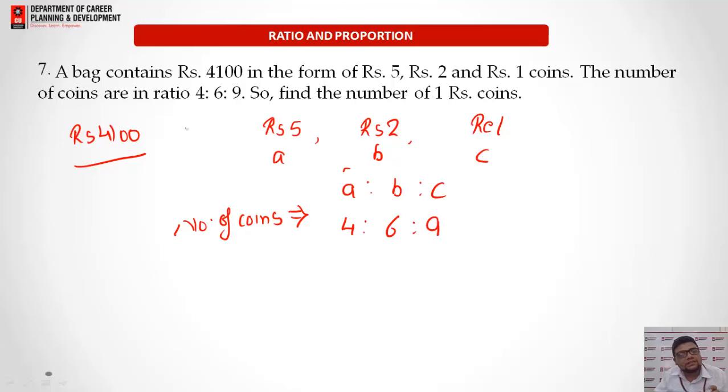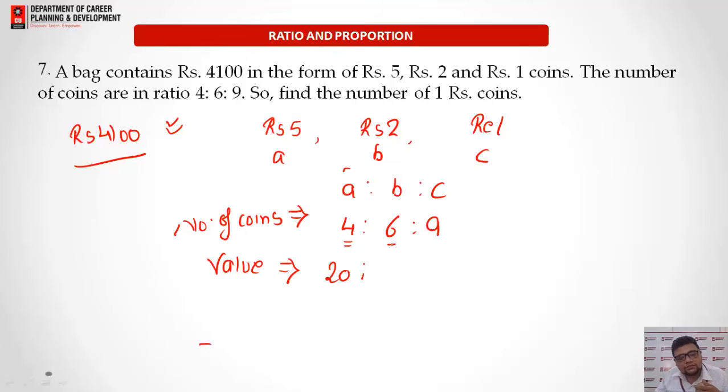Now the total is given in rupees, so the ratio should also be in value only. To find the ratio in value, see, there are 4 coins. If I take 4 coins of rupees 5, the value will be 20, 4 multiplied by 5.